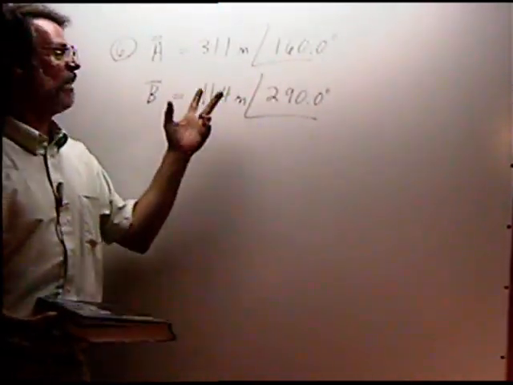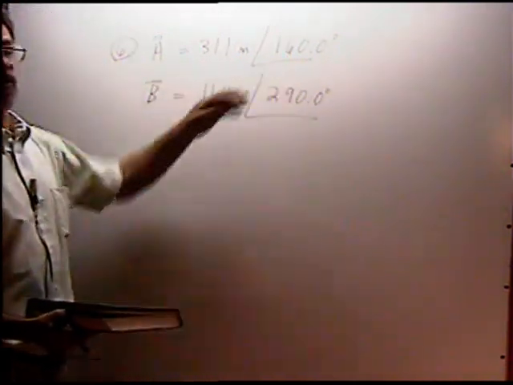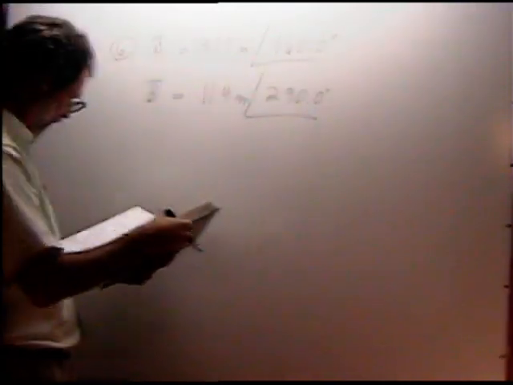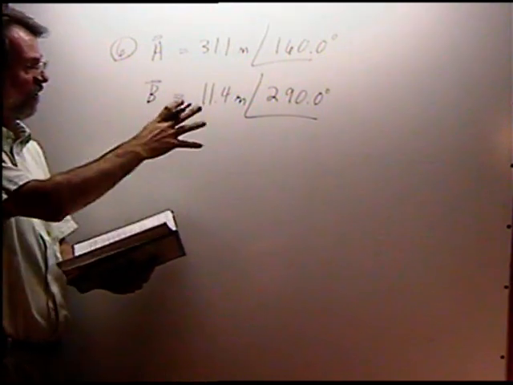Notice how efficient this is, a really great way to write a vector, magnitude and a direction. It's very quick and easy. So the question is, what is the sum of these two vectors?